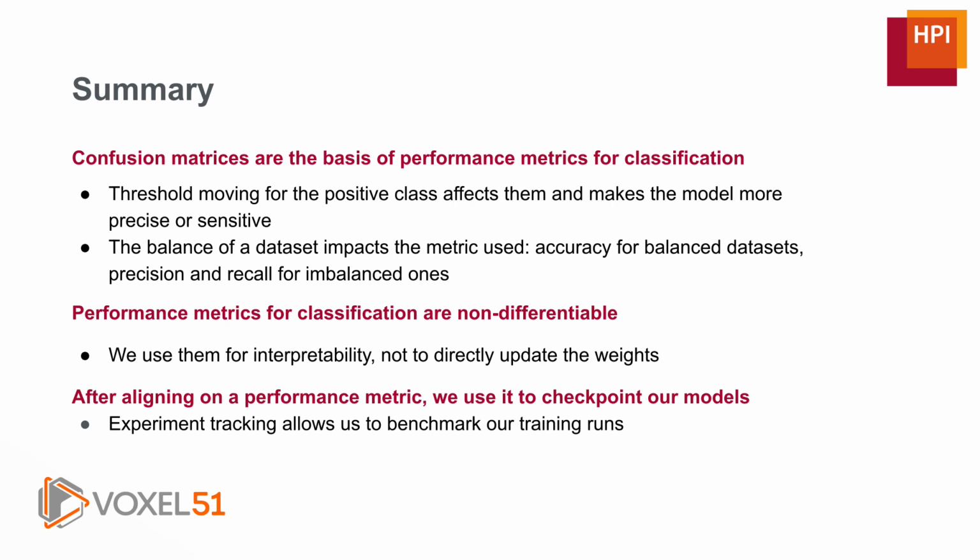So let's recap the takeaways from this lecture. We discussed confusion matrices, which are the basis for all classification metrics. We discussed how the thresholds that we use for positive determine whether we're making predictions that have certain numbers of true positives, false positives, true negatives, false negatives.